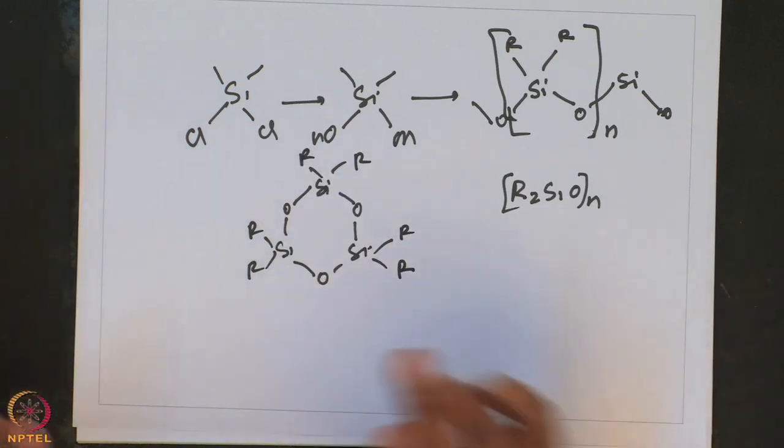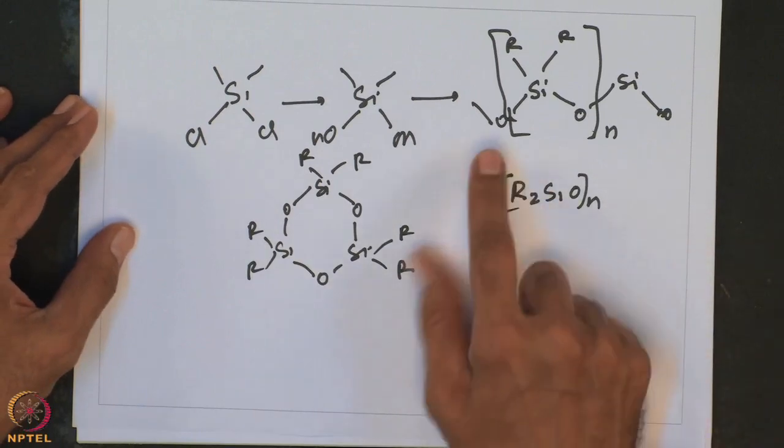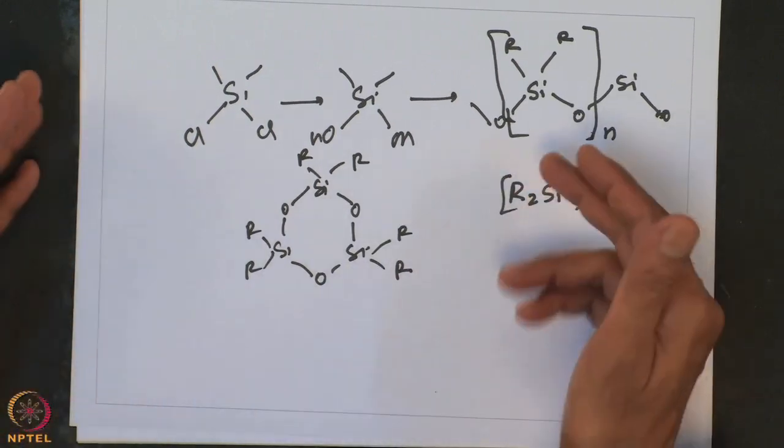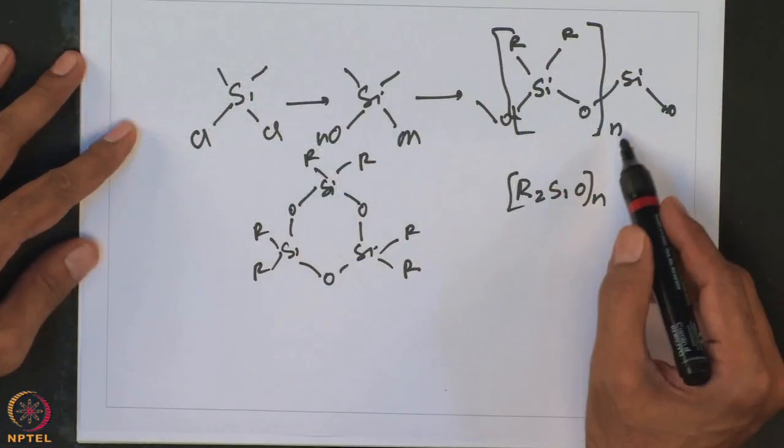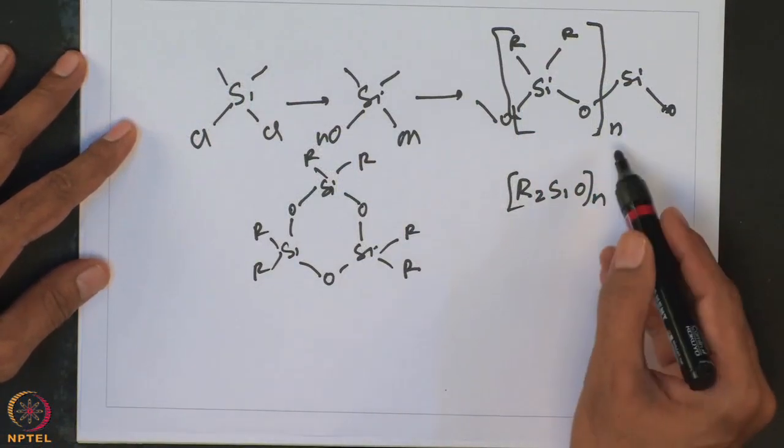So, either we can have cyclic silicates, or we can have linear silicon polymers of this type. So, hydrolysis of course can give a trimeric or tetrameric, and this n depends on the ratio of whatever we are using.